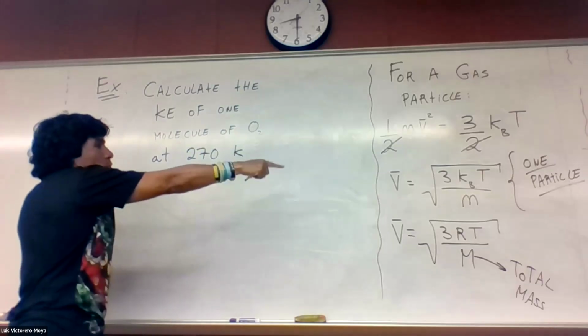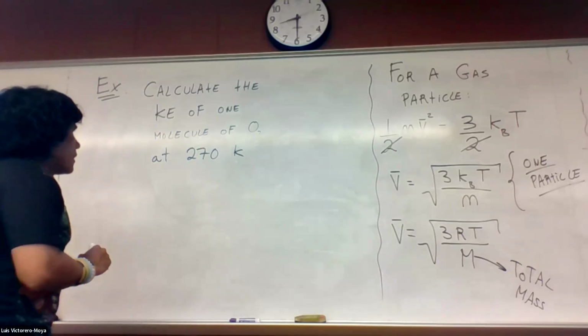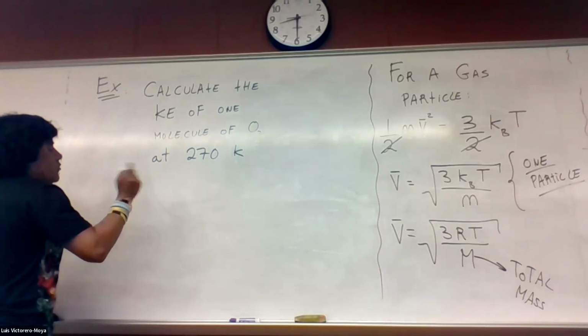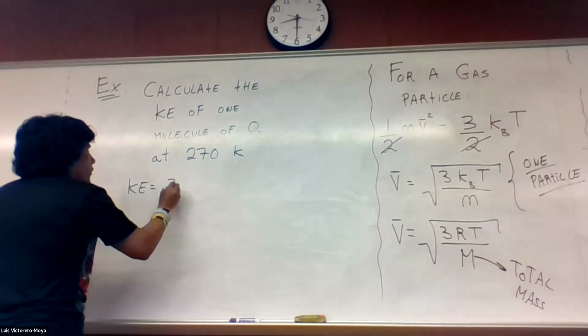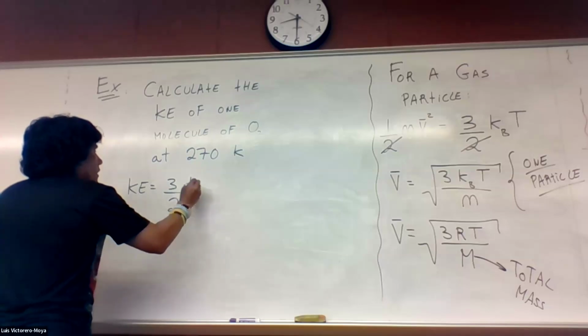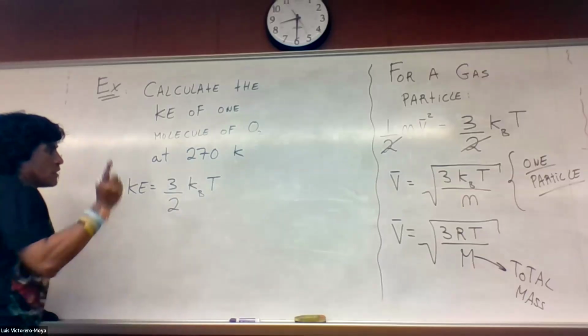So the temperature in these equations, by the way, guys, has to be in kelvins. So to find the kinetic energy of one molecule, you just use the equation 3/2 k_B times the temperature. It's just one molecule.